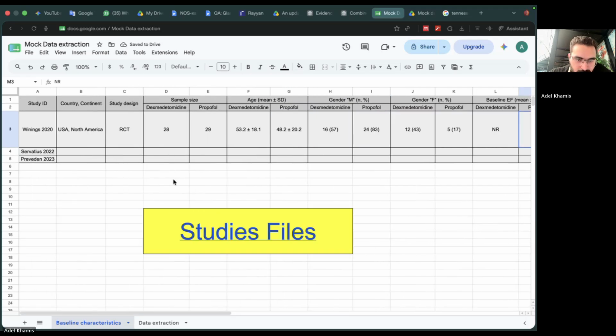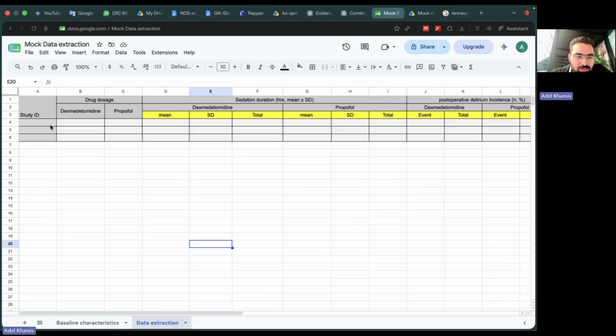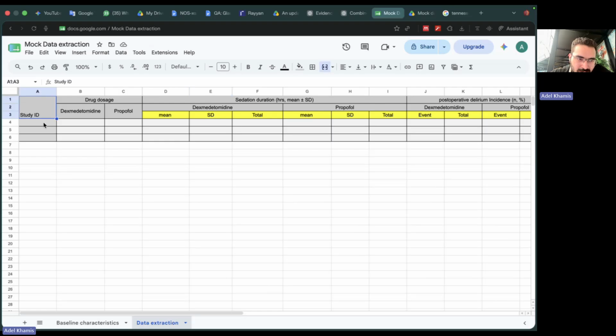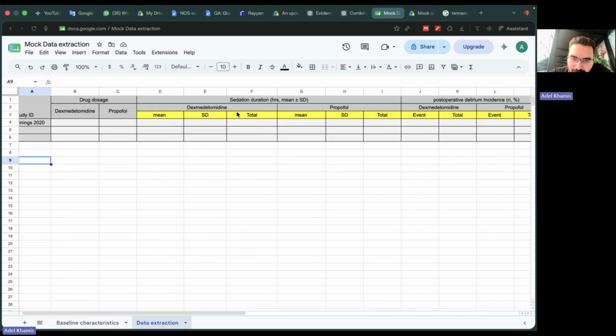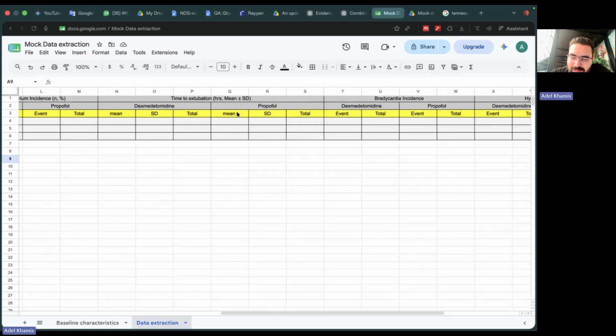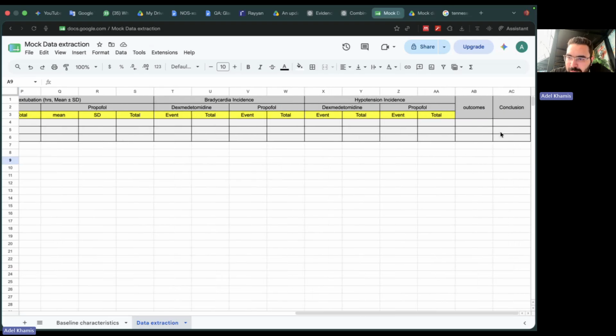So here is the first article for the first table. You will need to do the same here for them. Let me just copy and paste this. Of course, the study ID is the name of the first author and the year it was published. Here, the drug dosage and most of these are in the results, in the tables of the results, and the outcomes that they measured, and the conclusion.